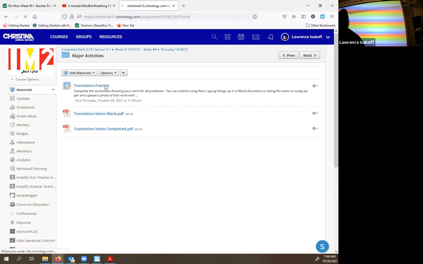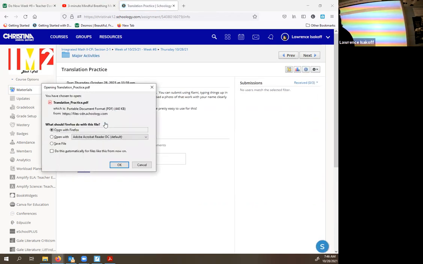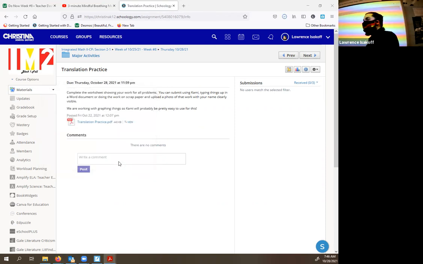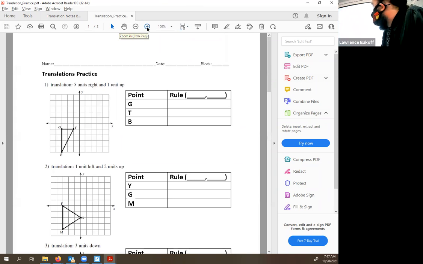If I go to the practice, now this practice isn't bad to do with Cami, okay? If you want to do a paper and pencil, I do have graph paper for you. That opened over here. So here's what I'm asking you to do for the work here. So we see the original image. So you're just going to write your XY points for the original image.